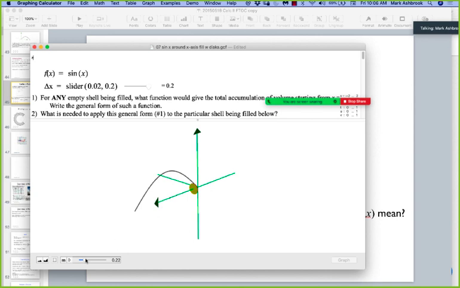So before, we accumulated volume by filling that shell up with disks, right? And what would the rate of change of volume be in this case? Rate of change of volume would be calculated by what?